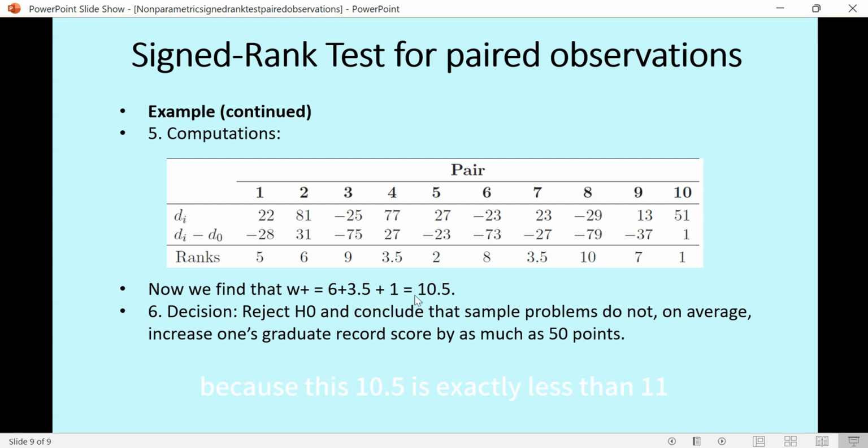Because this 10.5 is less than 11, which is the critical value, we make a decision to reject H0 and conclude that sample problems do not on average increase one's Graduate Record Examination score by as much as 50 points.